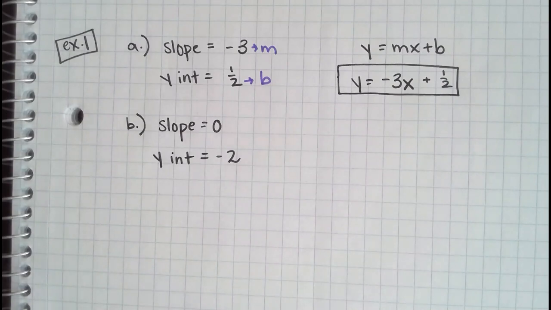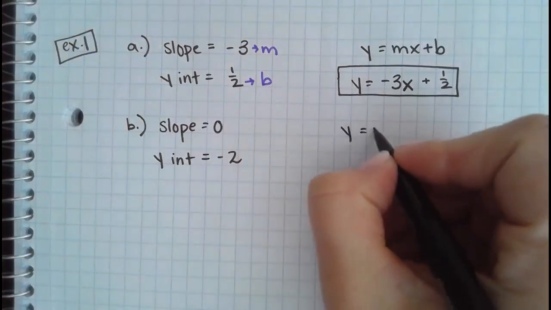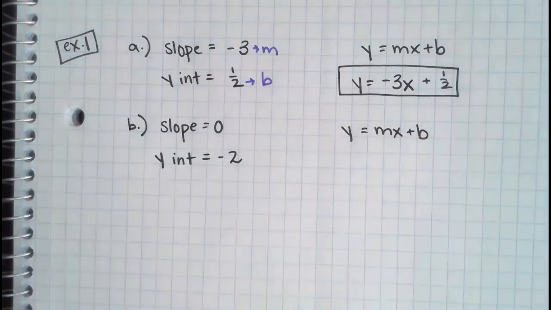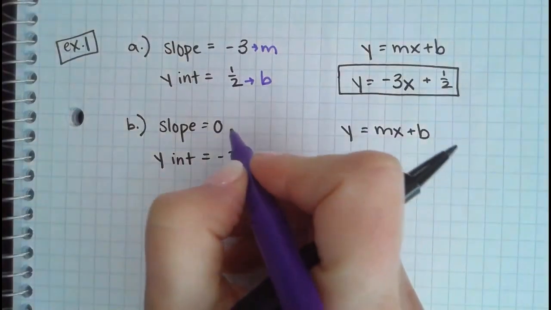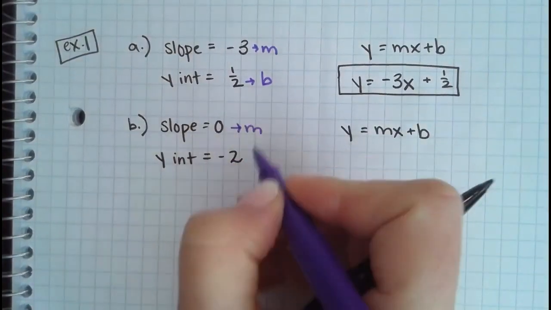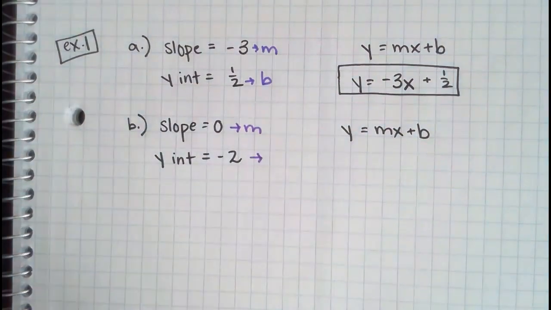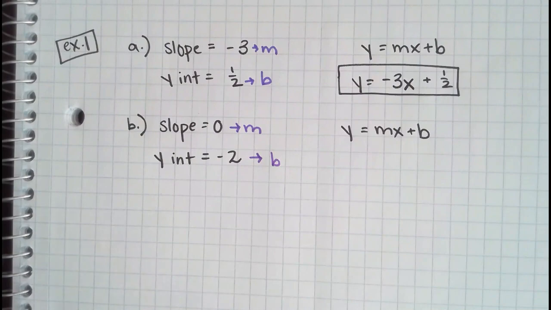Now, if you're feeling super comfortable with that at this point, you can just write the equation of a horizontal line, y equals -2, or plug it into slope-intercept and simplify. Y equals mx plus b. Do we know m? Yeah, it's 0. Do we know b? Yes, it's -2. So we can just plug in here.